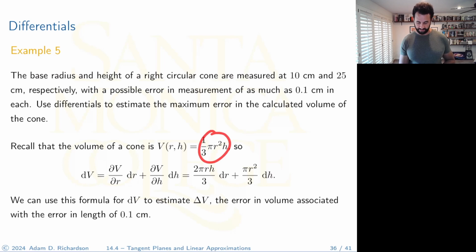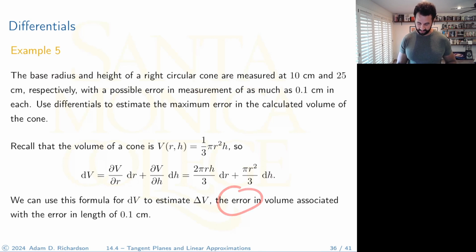If we compute the derivative of this with respect to h, we get this. So this is a formula for dv. Now, the moral here is we're going to use this formula for dv to estimate the actual error. So delta v is the actual difference in volume, right? But we're going to use dv to estimate the actual difference in volume.